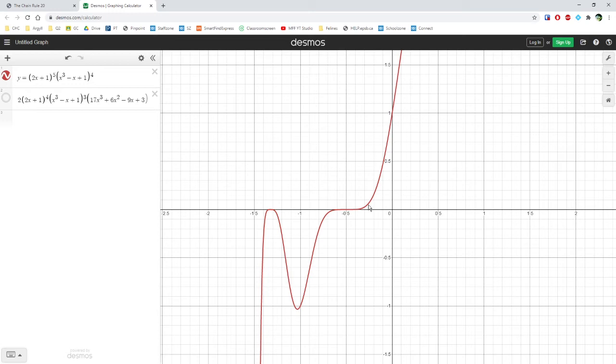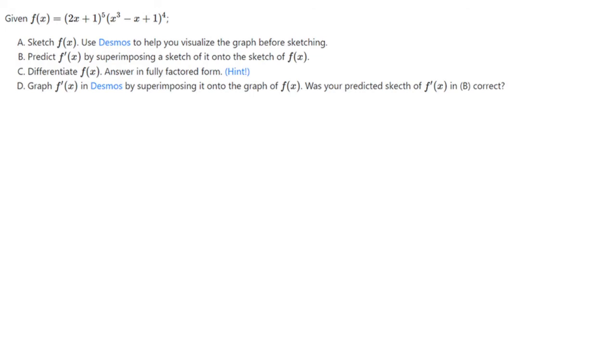So here I will not sketch the function. I will take a screenshot of it, which you can also do if you're sitting on a computer. Something like that. And then I'm going to go back to my question here.